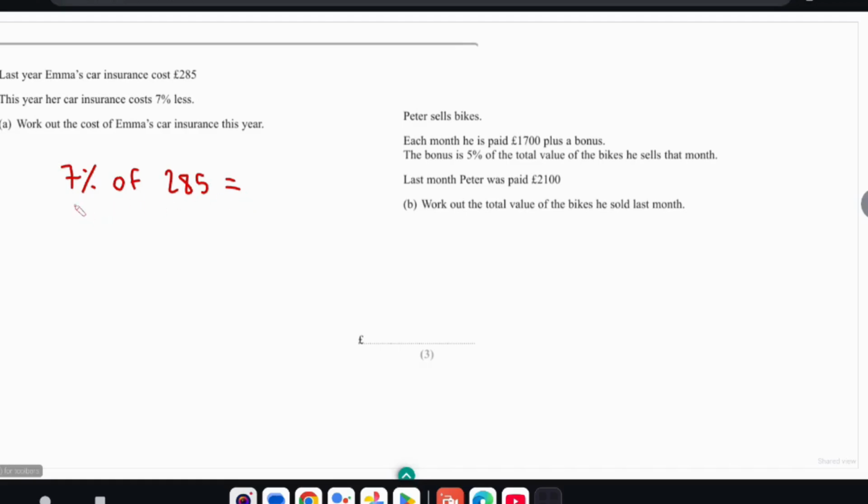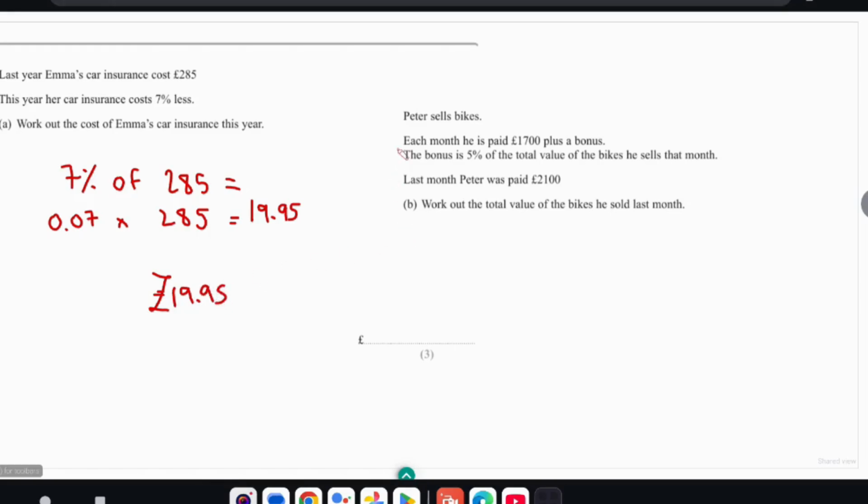The easiest way to do this is convert 7% to a decimal by dividing it by 100 and multiplying by 285. Which is £19.95.